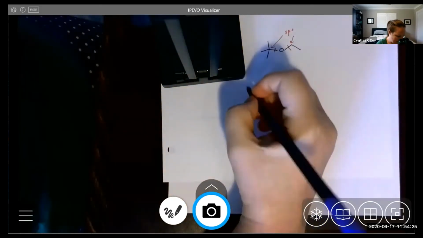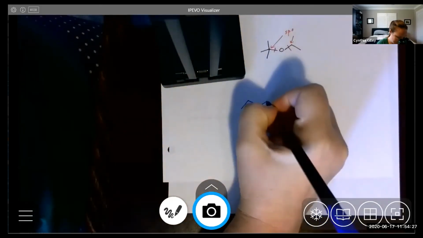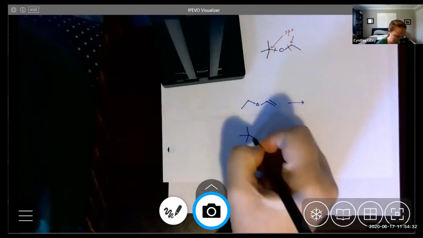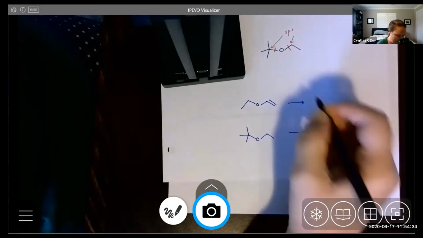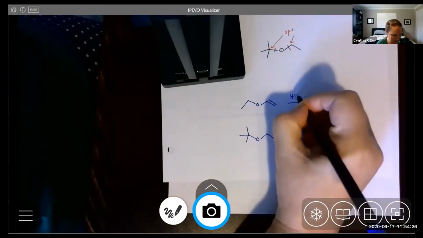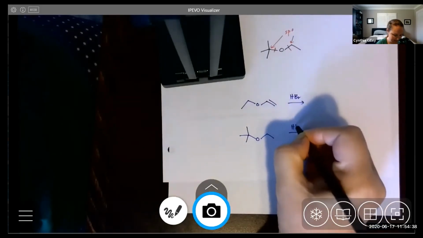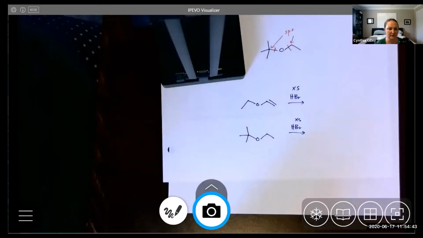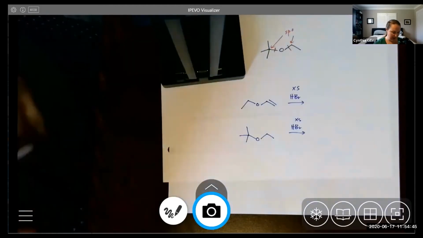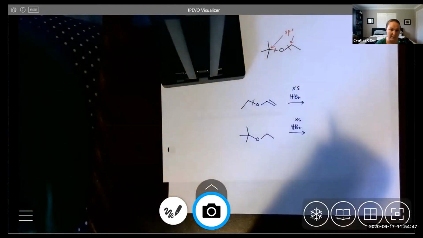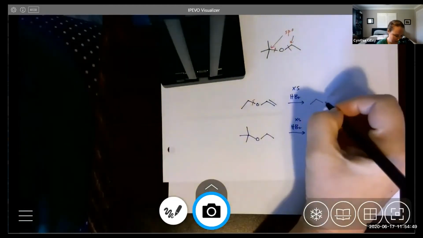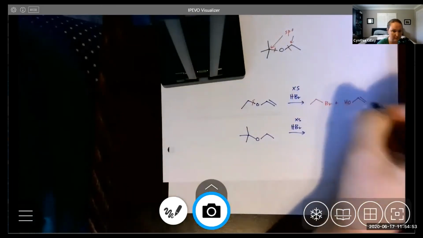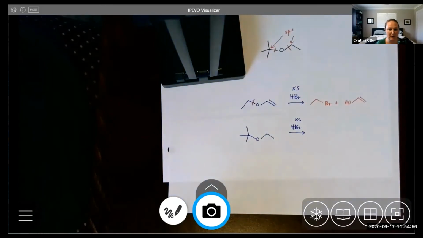Okay, so anyway, if you had this one versus those 2 examples, and you were doing HBr, and even if it was excess, it doesn't matter how many equivalents you add, then the products, because we're only cleaving that bond, are ethyl bromide, and then this, that 1 carbon oxygen.